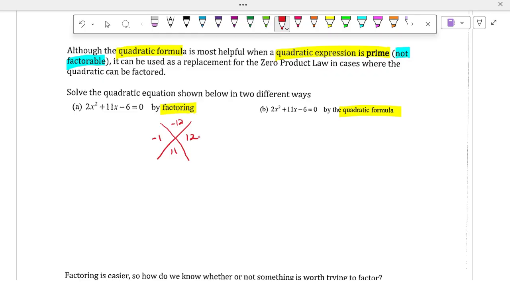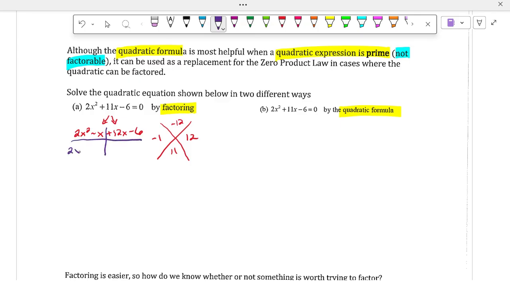Negative 1, positive 12. So we would split up the 11x into 2x squared minus 1x, or just minus x, plus 12x minus 6. Then we factor by grouping.